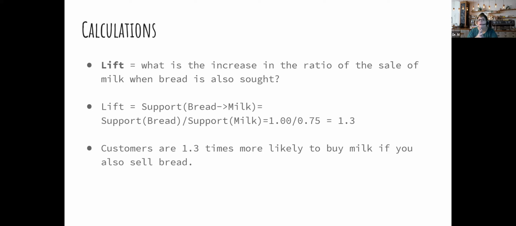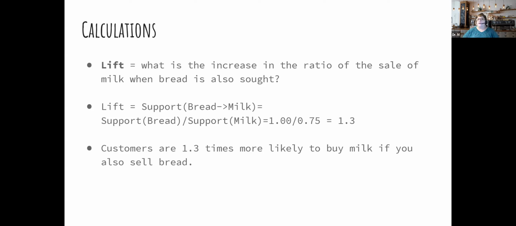Lift is the support of bread and milk, if bread then milk, which we already determined, over the support of bread, which is 1, divided by the support of milk, which is 0.75. So it's actually 1.3. In layman's terms, customers are 1.3 times more likely to buy milk if you also sell bread.